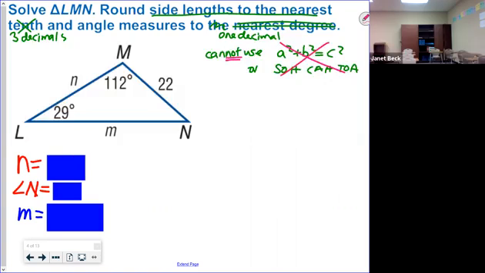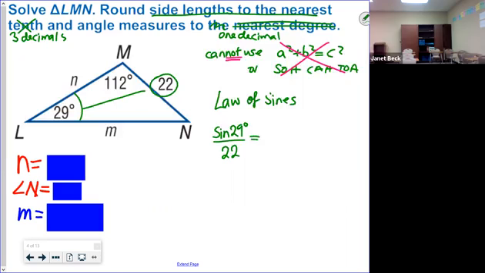But if you notice that you have got an angle and an opposite side, you can use the law of sines. And that simply says the sine of an angle divided by the side length that's opposite it can be made equal to the ratio of any other ones.